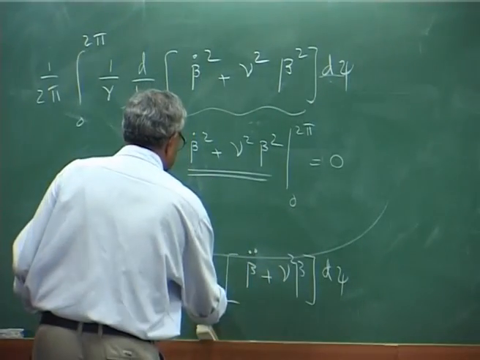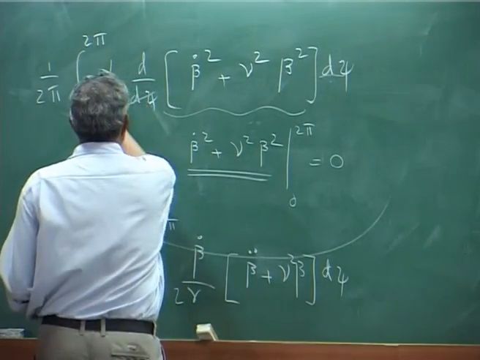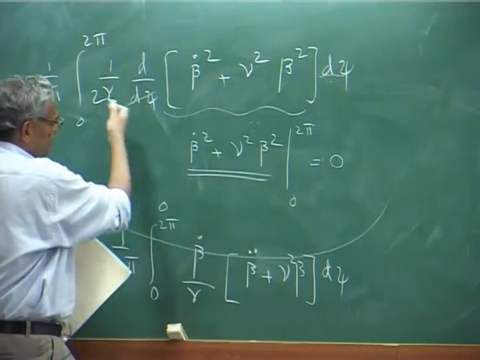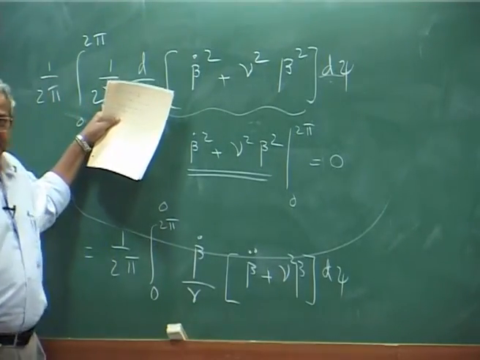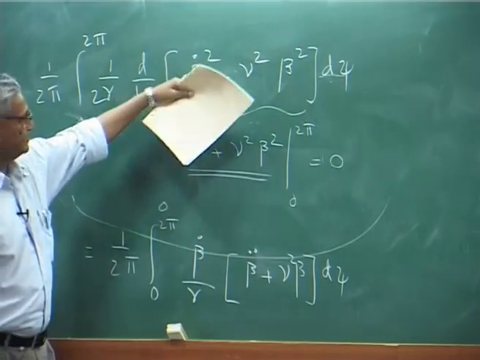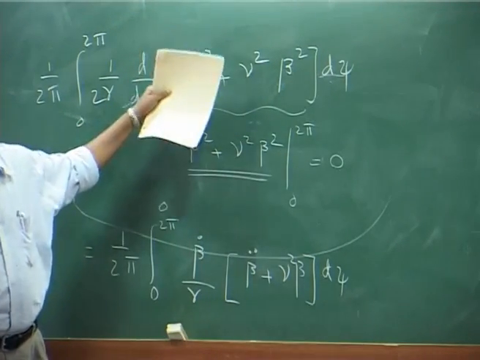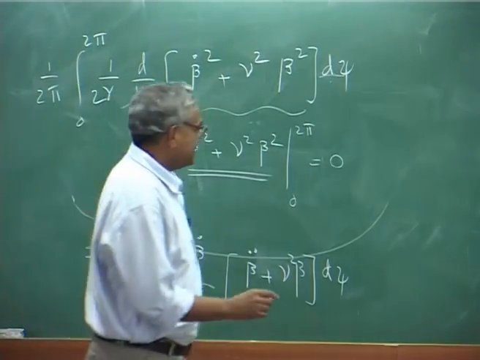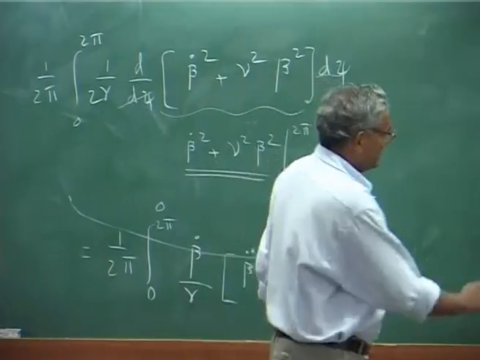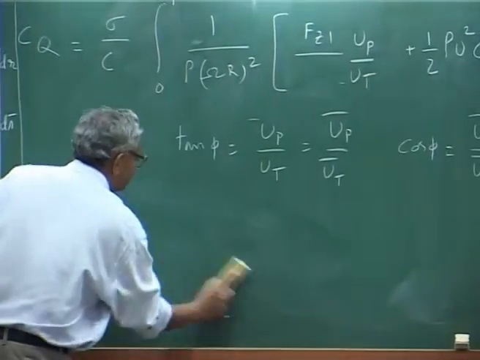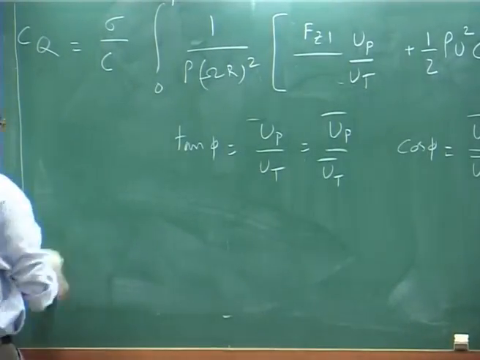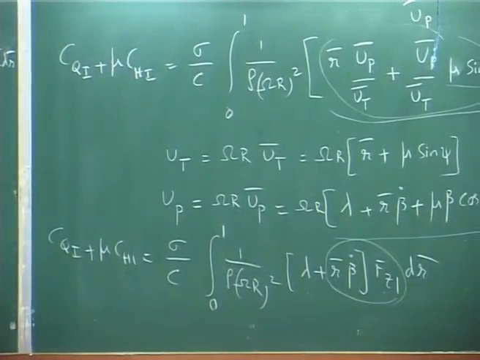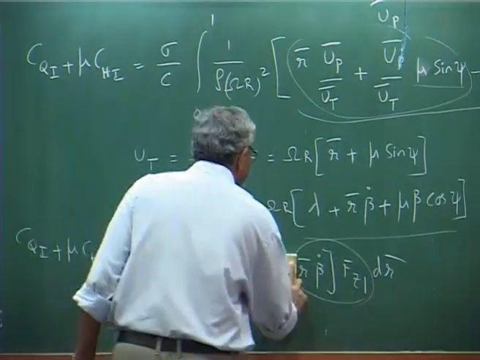Oh, there is a factor 2 here, because this is d by d psi of a square, so 2 beta dot beta double dot. So the factor 2 cancels out. So essentially I can now write my CQI plus mu CHI in this fashion.